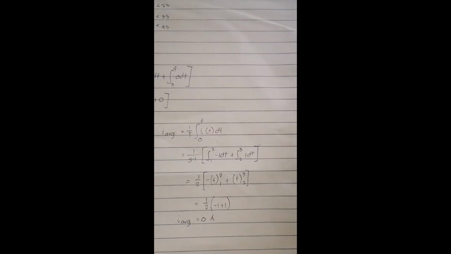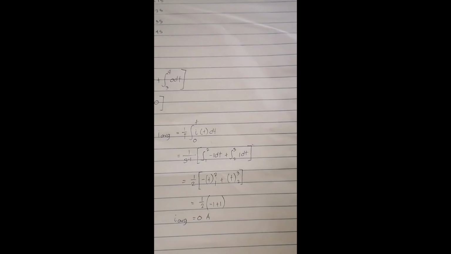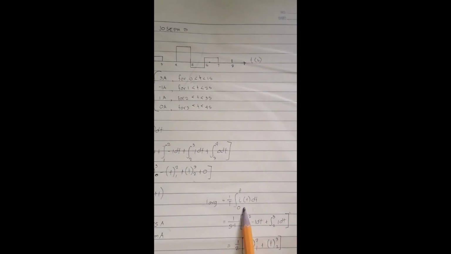So the next step we will be performing is to calculate the average current over the interval 1 < t < 3 seconds. So this is our formula.